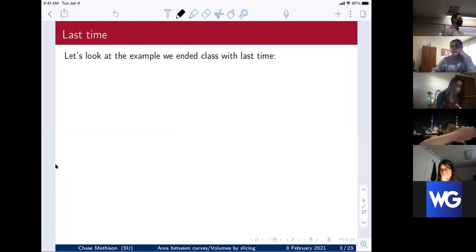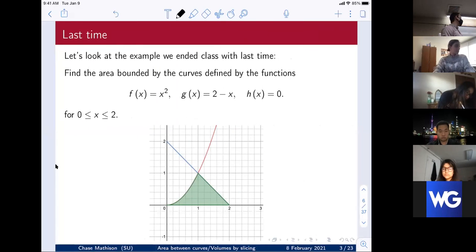All right, so to illustrate why we care about integrating over the y-axis, let's look at the example we ended class with last time. So last time we wanted to find the area bounded by these curves, the area bounded on the left by y equals x squared, on the right by y equals 2 minus x, and below by the x-axis.